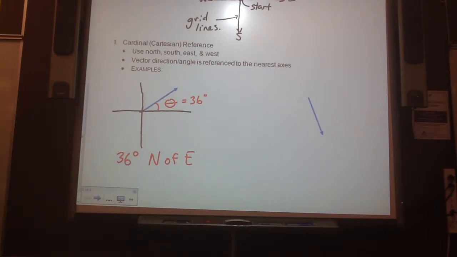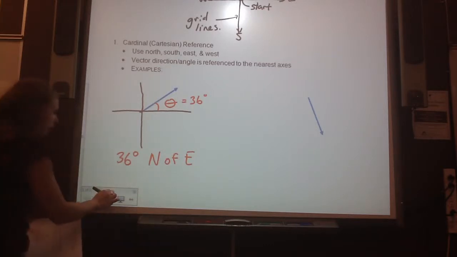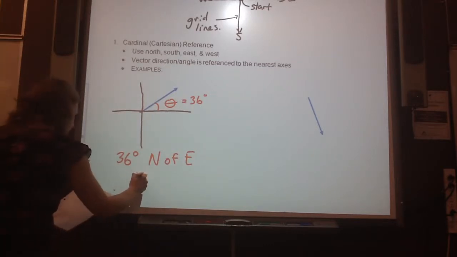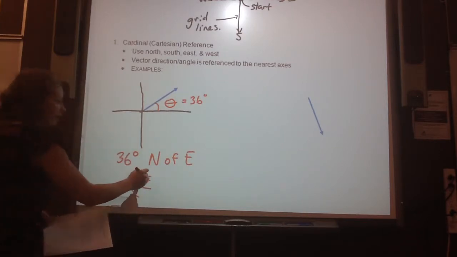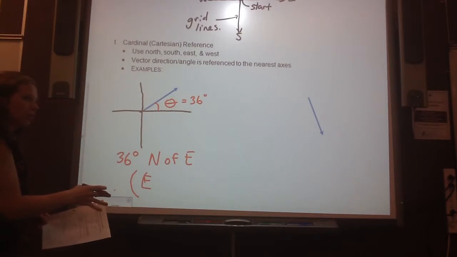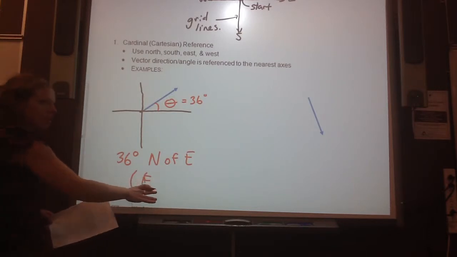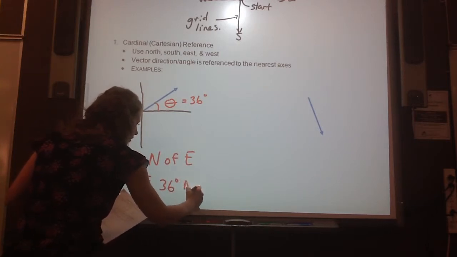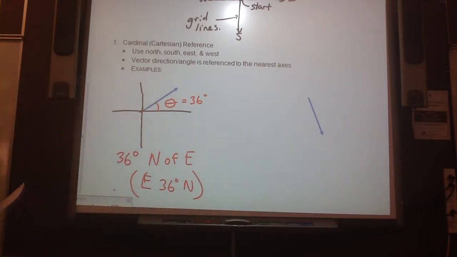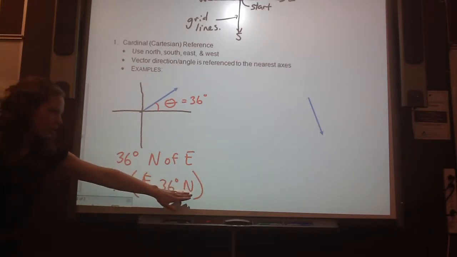If we were to put this in a summary kind of notation, they would write it as such. Bracket E is what you put first, what it's referenced to is put first in this type of summary: E 36 degrees N. So the reference first, 36 degrees, you went north of it.